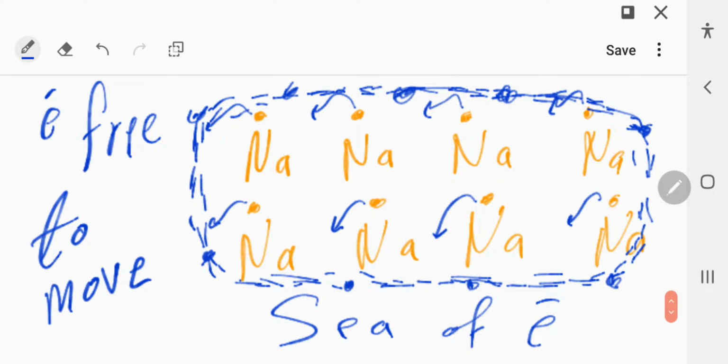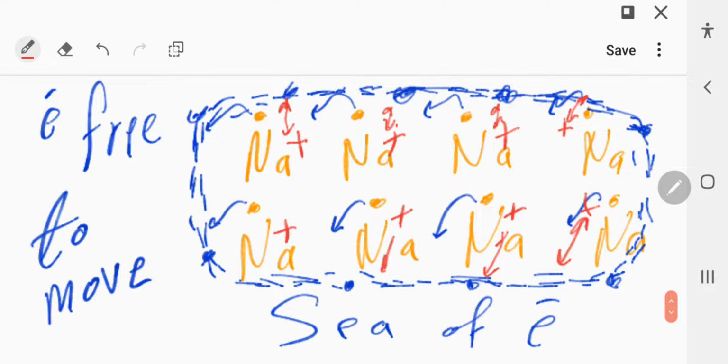Now, when the electrons move out, the sodium atoms will be positively charged. So we have positive charge and negative charge around, which are the electrons. The attraction between the atoms and the electrons that are free to move is called metallic bonding.